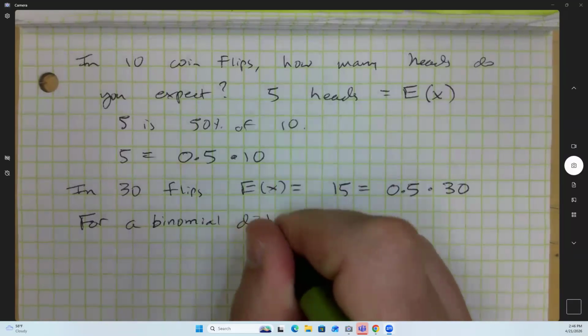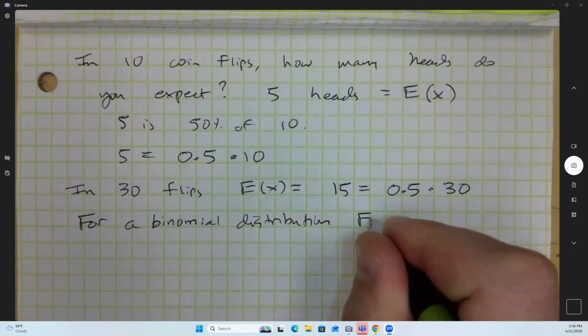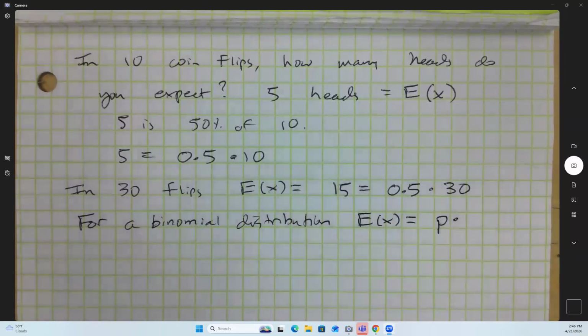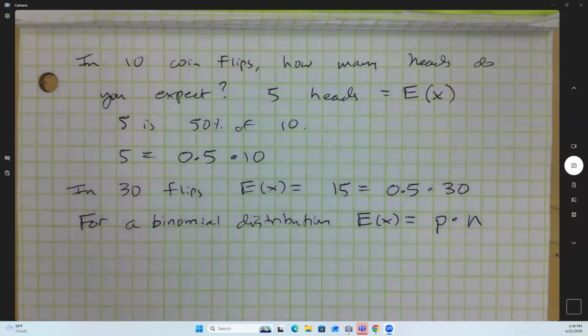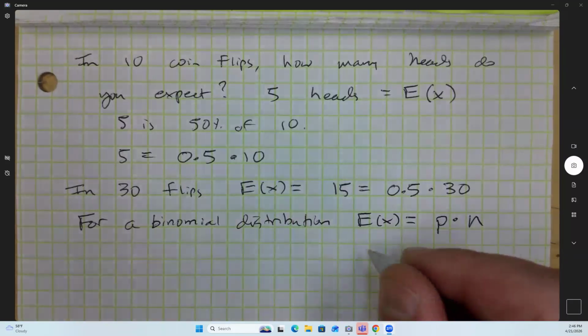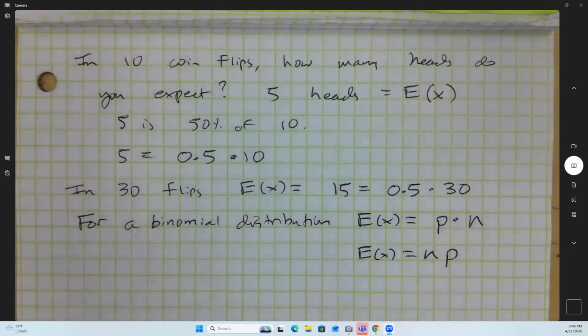For a binomial distribution, the expected value is just the probability of a single success times the number of trials. P times N. Often you see the N written first, NP. That's the same number.